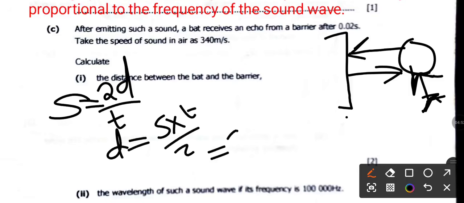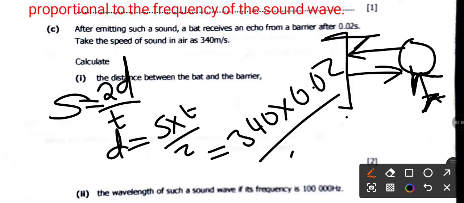The speed is 340. The time we're told is 0.02, over 2. So this will give me a value of 340 times 0.02, divided by 2. So this will give me a value of 3.4 meters.